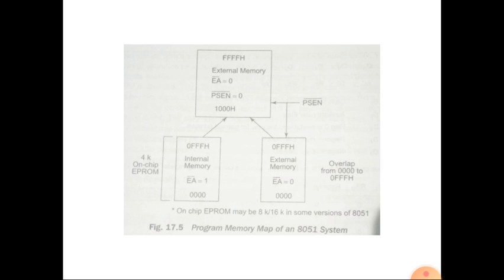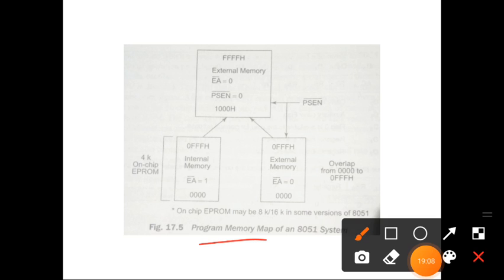This is the structure of the program memory map. Here the internal memory is used when EA bar is equal to 1, and it starts from 0000 to 0FFFH, and then there is the external memory.